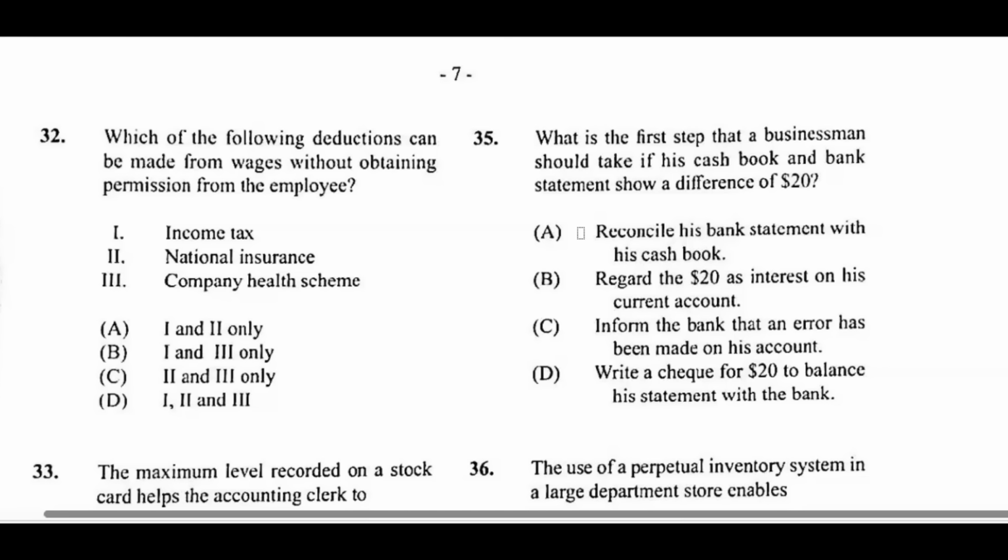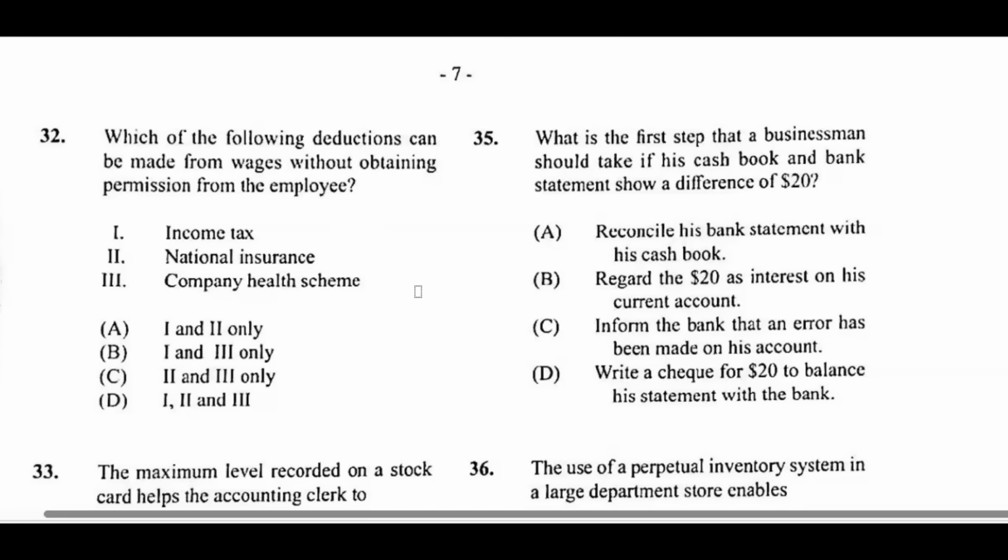Which of these can your employer deduct without obtaining your permission? That will be considered a compulsory deduction. They don't need your permission. Whoever is employed, the government of your country will be making these deductions.